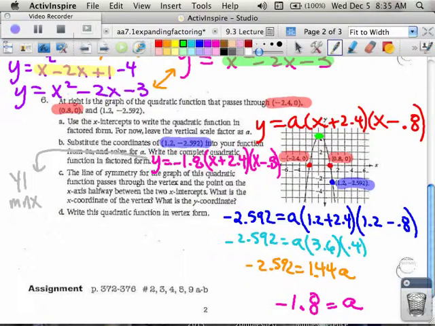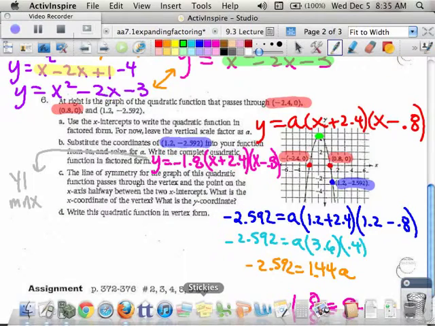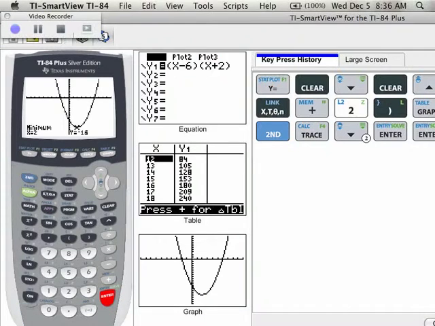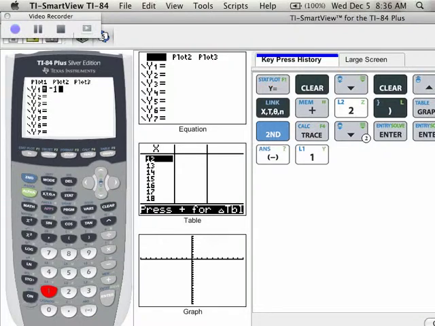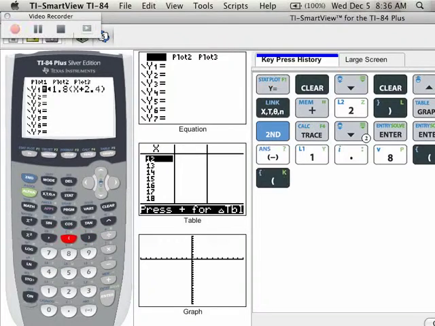So if I go into my calculator and I go into my y equals and I type in my function, the one we just found, which we found as y equals, was it negative 1.8? So negative 1.8 (x plus 2.4) times (x minus 0.8).